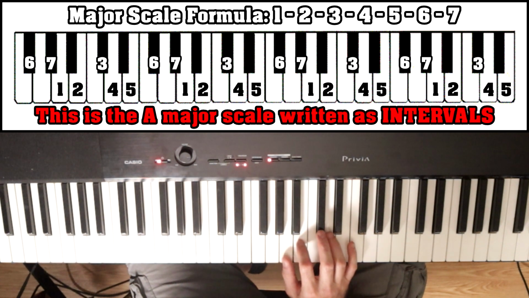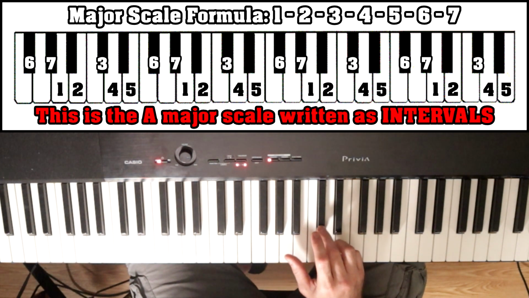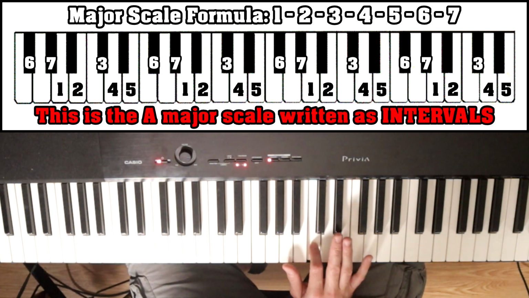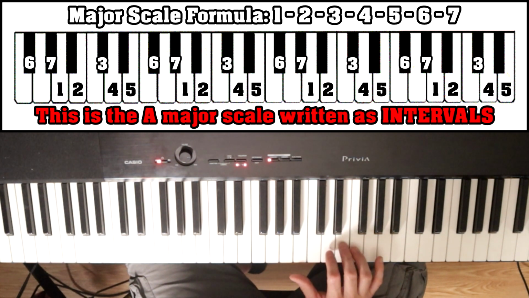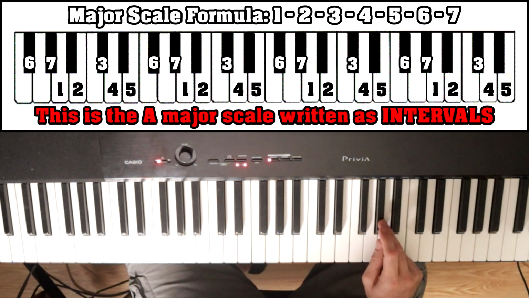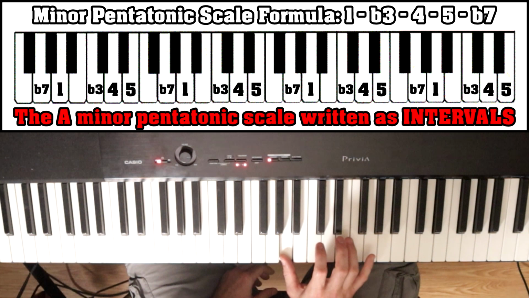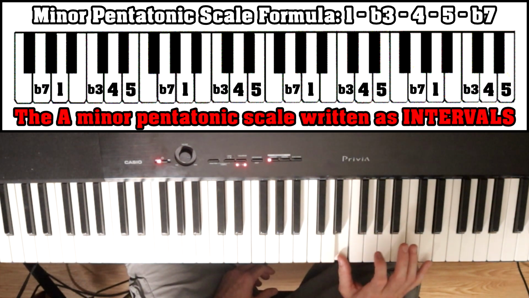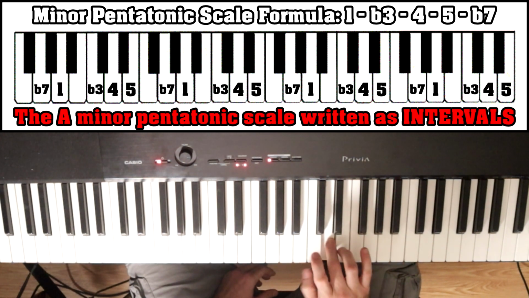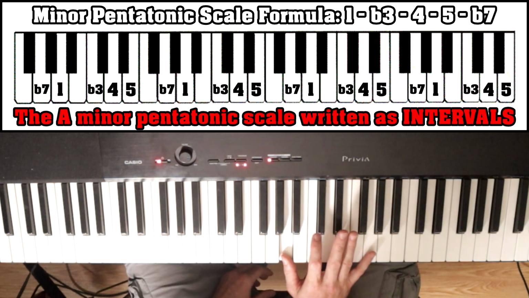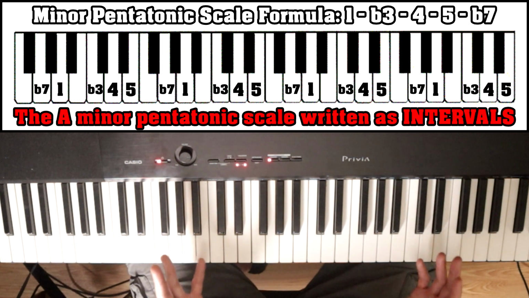So 1, there's your third note, flatten that. 4, 5, and then the next note is a flat 7. So there's your 7, there's a flat 7. So here's your A minor pentatonic scale. That's your A minor pentatonic scale.